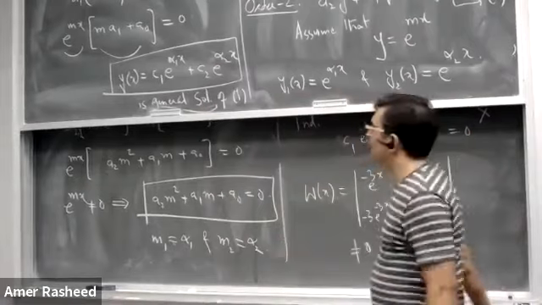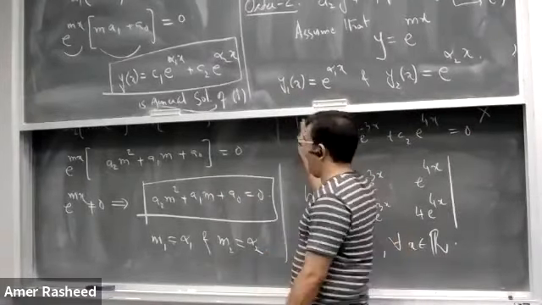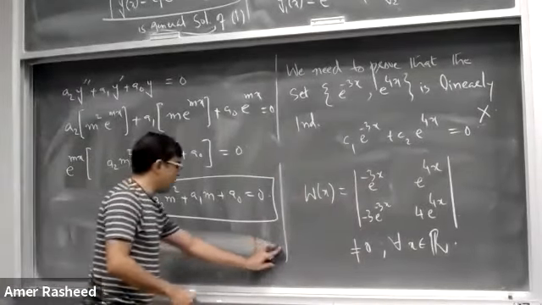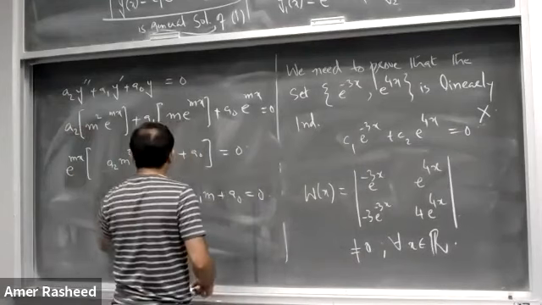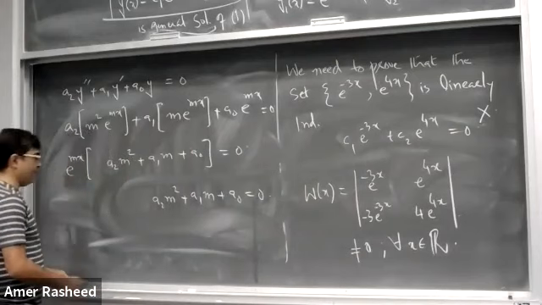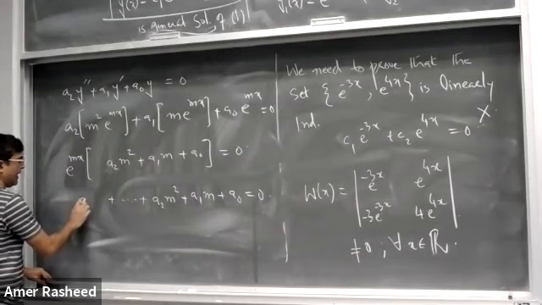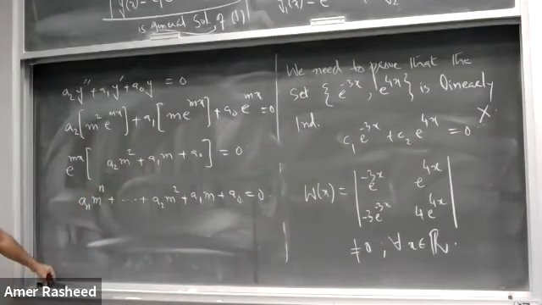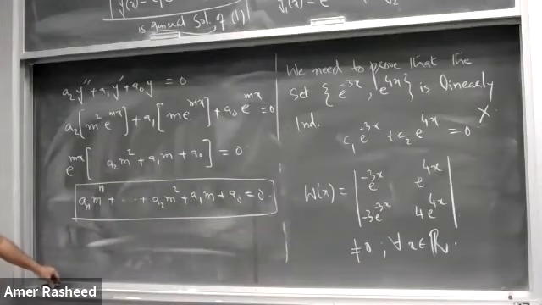In general, you obtain a polynomial of degree n in m: a0 + a1 m + and so on plus an m^n. This polynomial can have at most n roots.